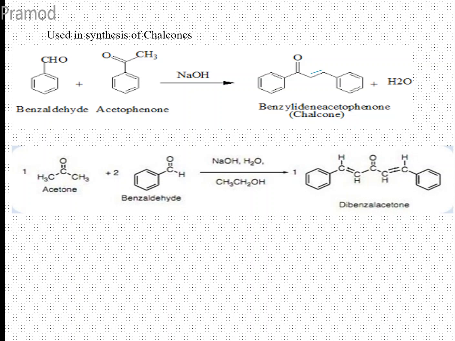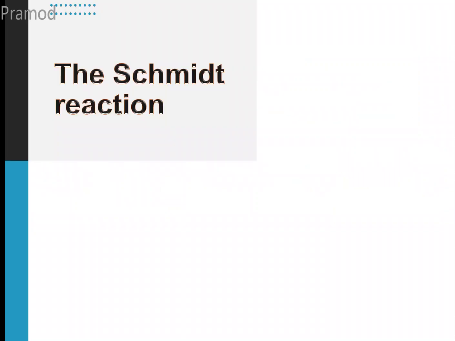This chalcone is also used for preparation of various aromatic compounds, like substituted imidazole. So these are the uses of Claisen-Schmidt condensation reaction.